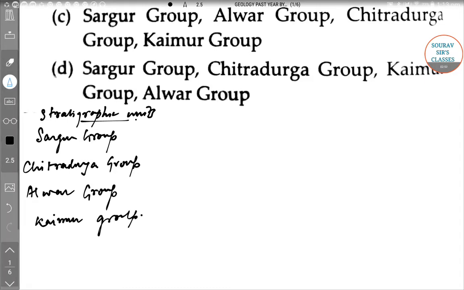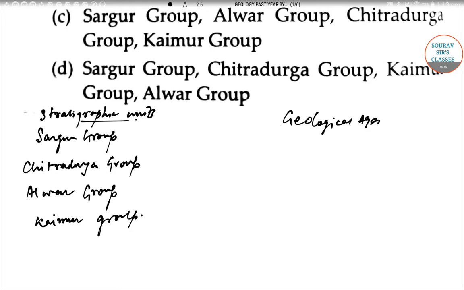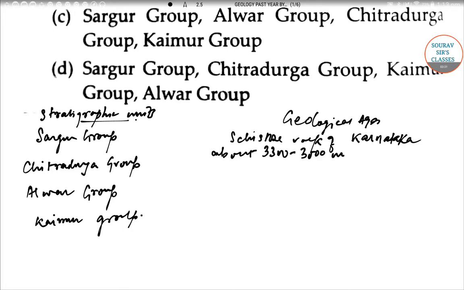And on this side we have the geological ages. The first is the schist rock of Karnataka, about 3,300 to 3,000 million years ago.